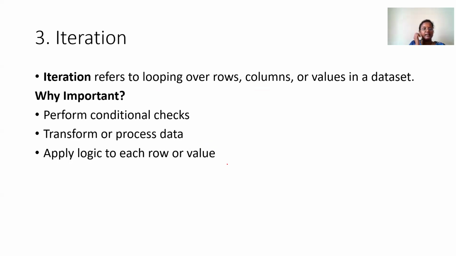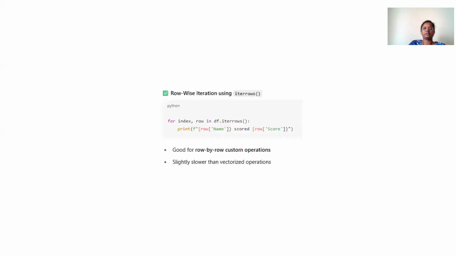And the third thing is iteration. Iteration is nothing but looping over the rows, columns, and values in the data set. Why are we using iteration? It performs conditional checks and it will transform or process the data. It applies logic to each row or value. So here also we have types.